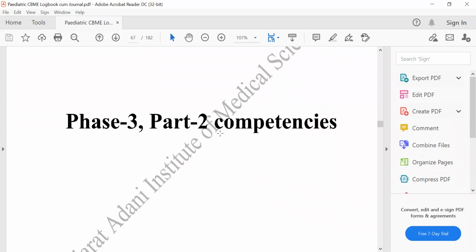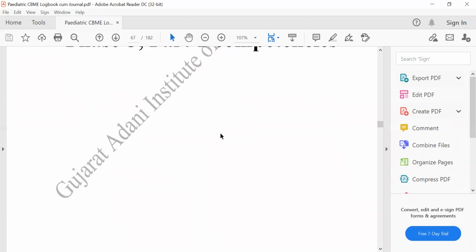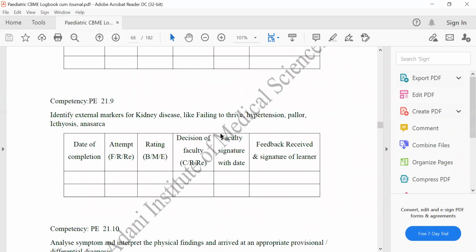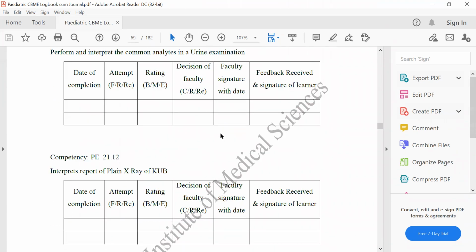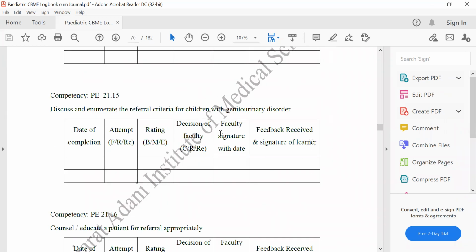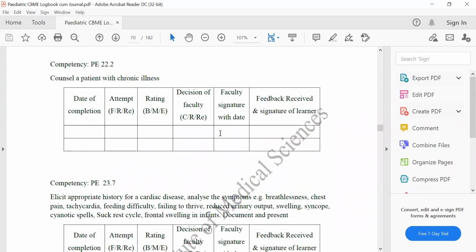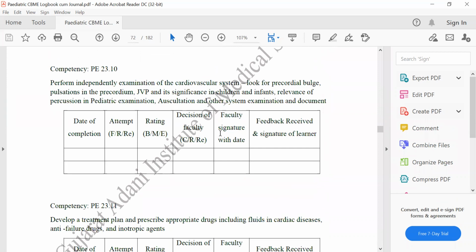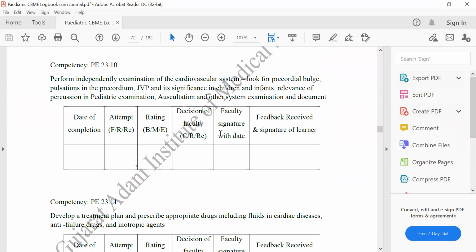Now in phase 3 part 2, similarly as in part 1, I have mentioned all the competencies, and for the certifiable competencies I have mentioned some information which we are going to assess, and students should be aware of this at least. So all these are the competencies in phase 3 part 2.